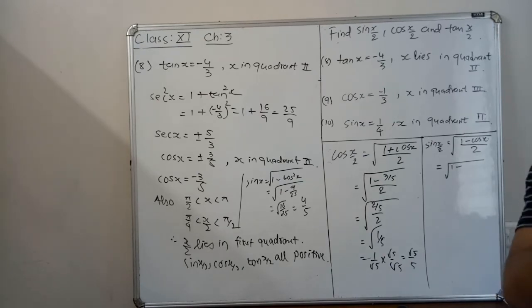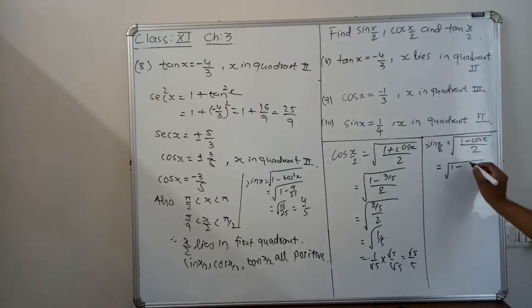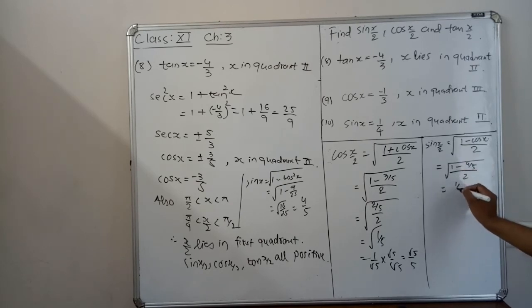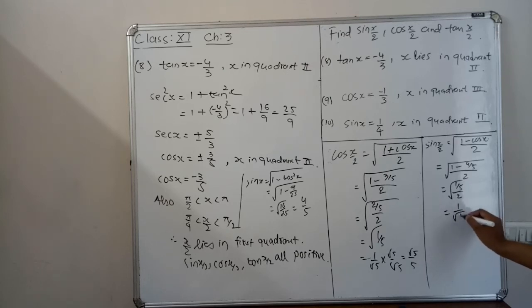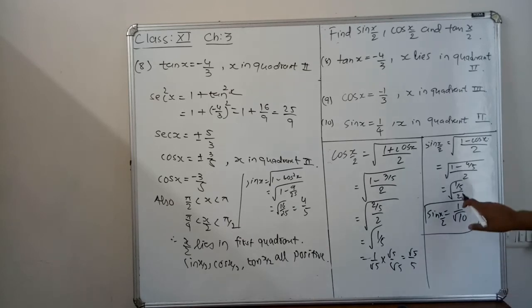So your sin x is equal to 4 by 5. You put here 4 by 5, right, by 2. So 1 by 5 by 2 in under root. So 1 upon under root 10 is your answer. Sin x by 2, positive or negative? So positive. 1 upon under root 10.